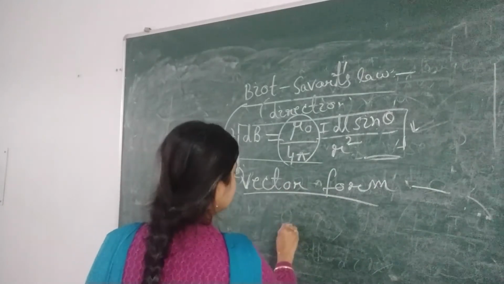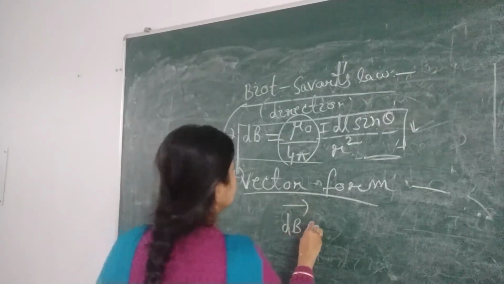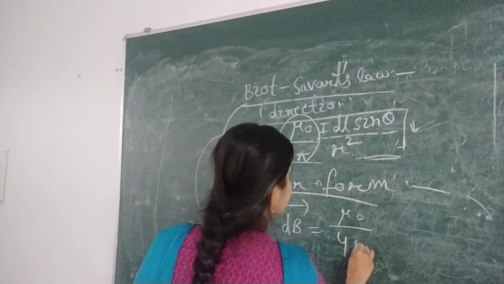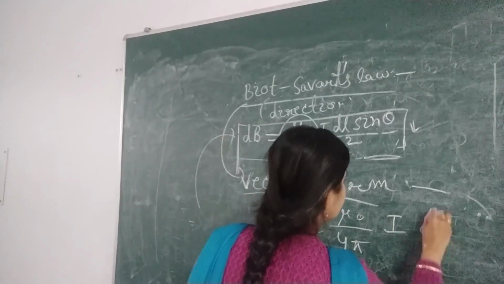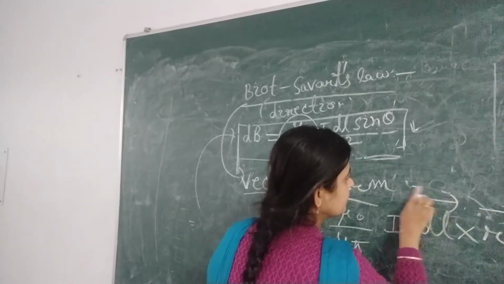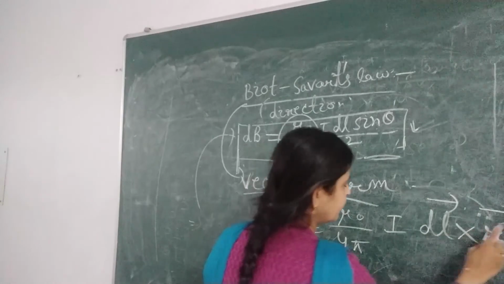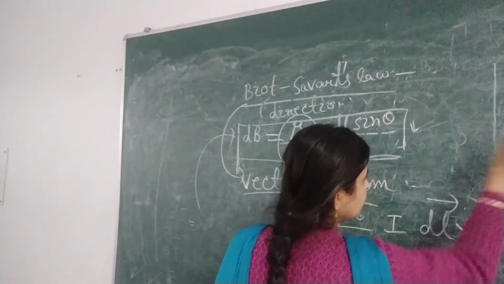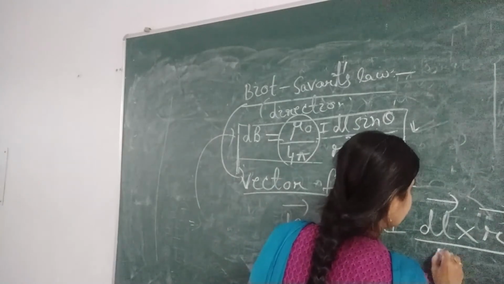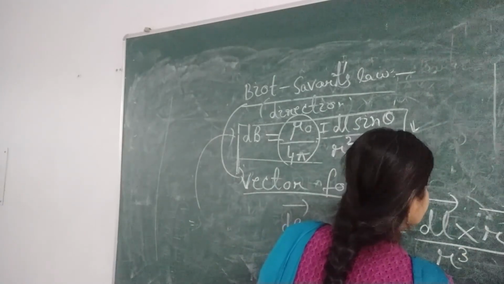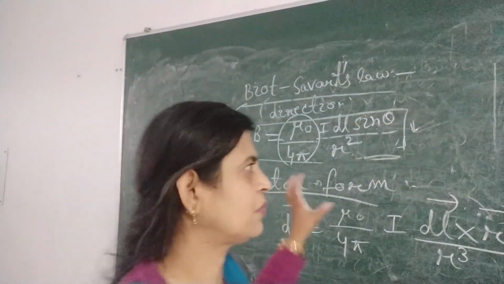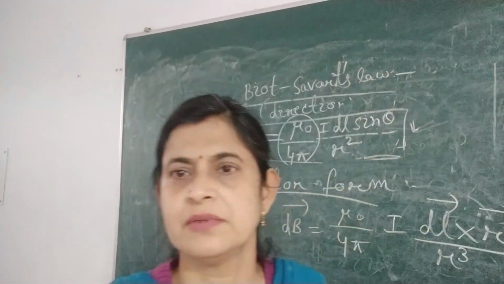That is, dB vector is equal to mu naught by 4 pi, this is the constant, I dl, this is the current element, cross r, this is the position vector or the distance between the point of observation and the center of the small element, divided by r cubed. So this is all about Biot-Savart's law for the straight conductor.